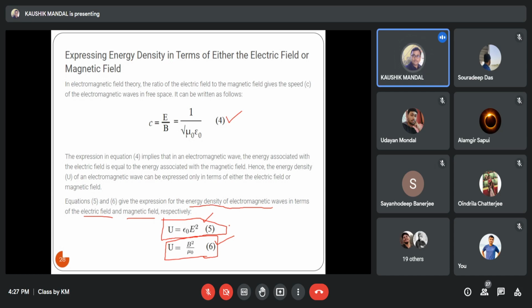This is representing the amount of energy density due to the electric field, that is epsilon naught into E square. This is equal to the amount of energy density stored due to the magnetic field, that is equal to B0 square by mu 0. So these equations are helpful to solve different problems. You should go through the equations.